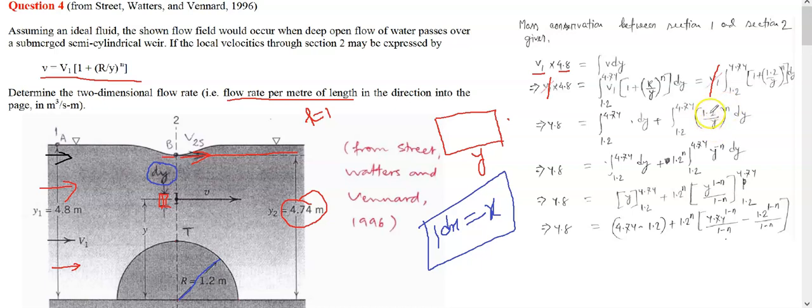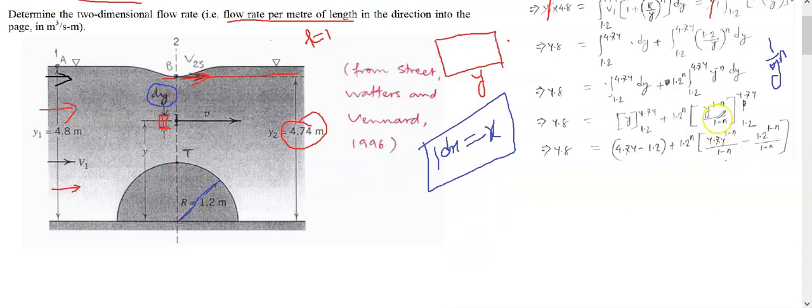Since 1.2 is constant, I wrote it outside of the integration, and then it will be 1 by yn, 1 over yn. If I write it like this, then according to simple mathematics, we can write y to the power negative n and dy.